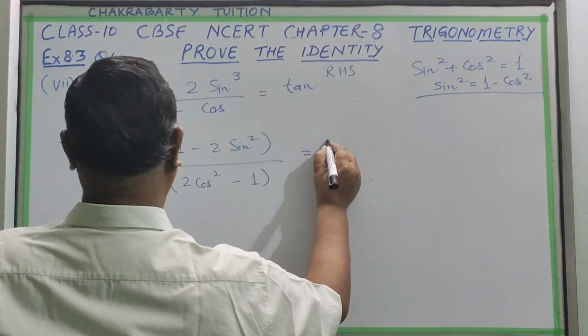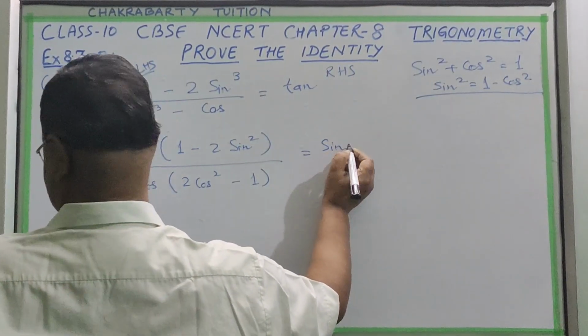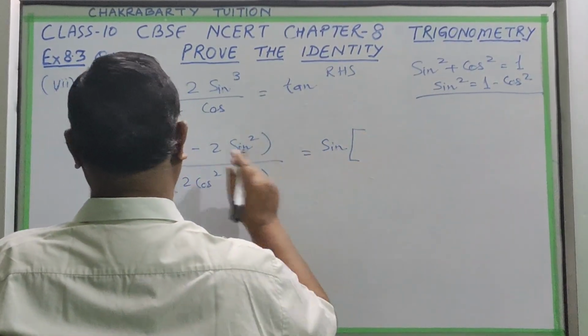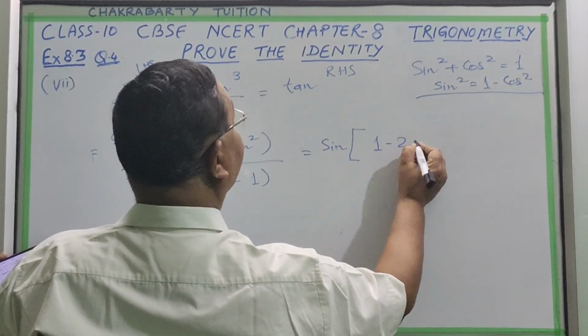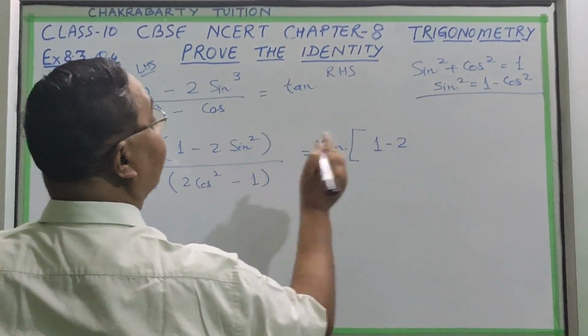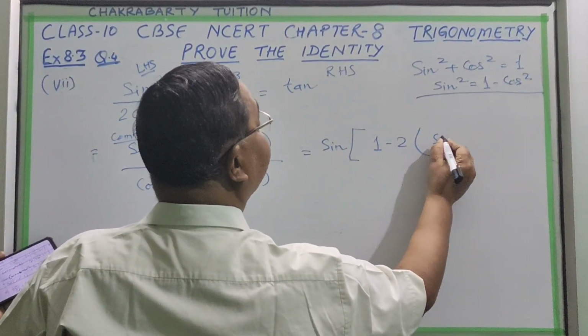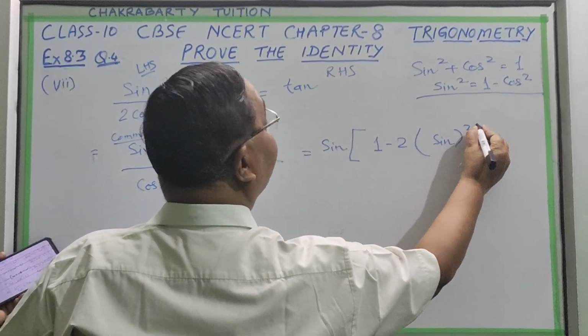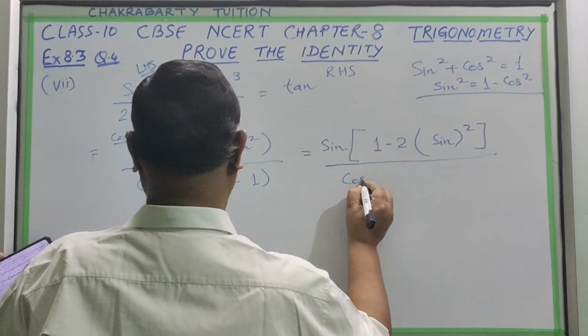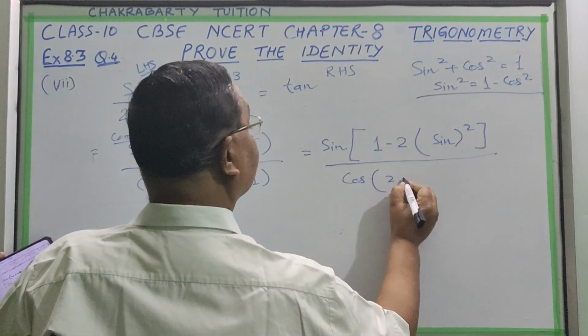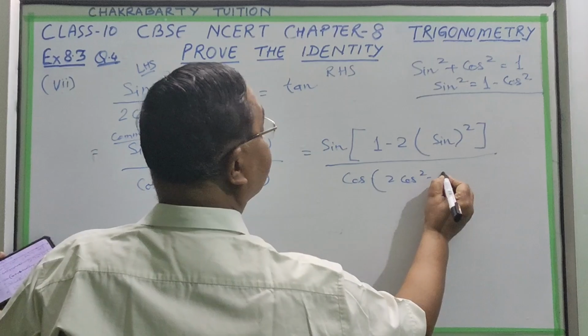It is sine, 1 will remain as it is, and 2 we will take out of it, multiplied by sine square, upon cos into 2 cos square minus 1.